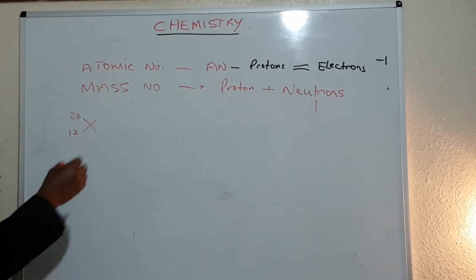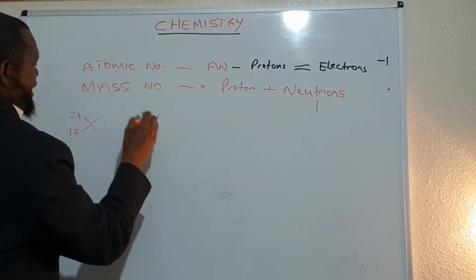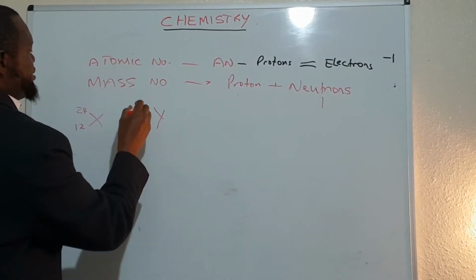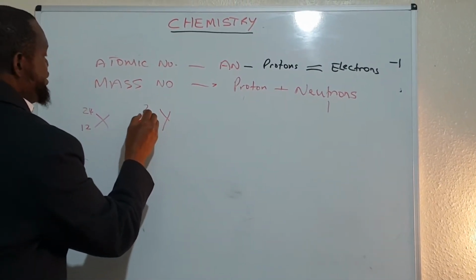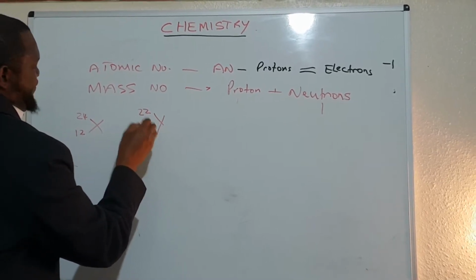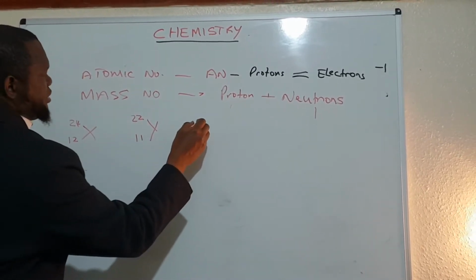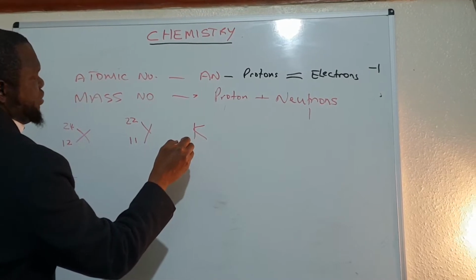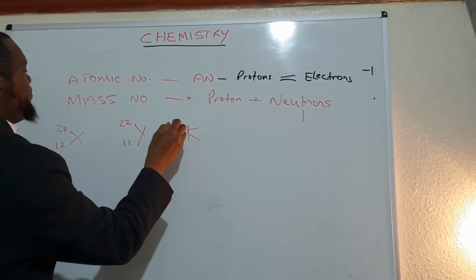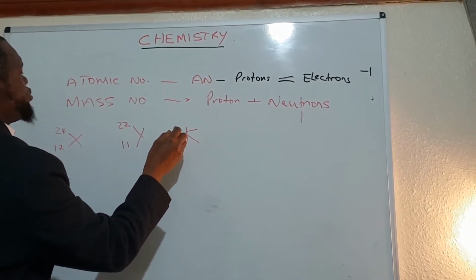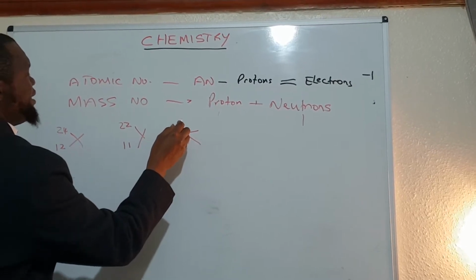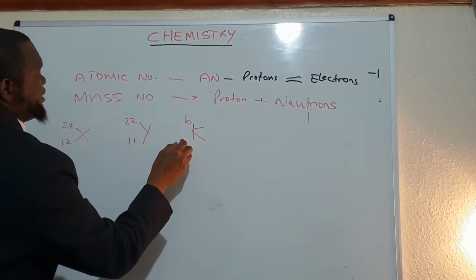Okay, we have another element called element Y. This is 22, this is 11. We have another one called K. Let's say this is 6, and this is 3.